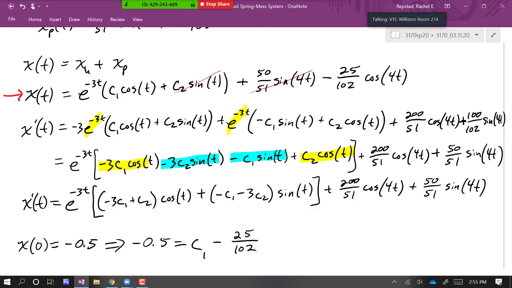And we can find C1 right away. So negative 1/2 plus 25 over 102. That's negative 13 over 51.